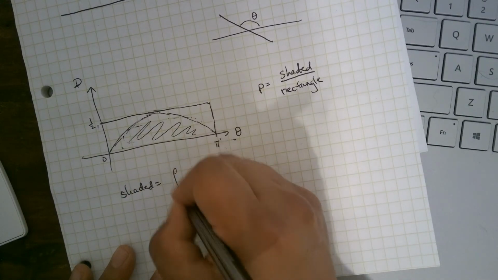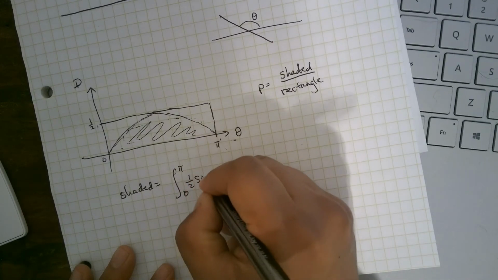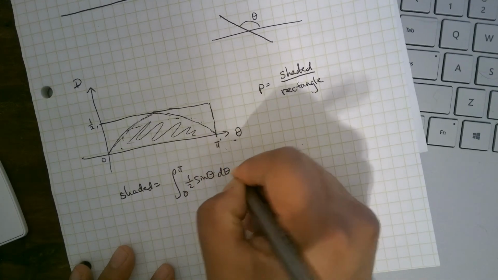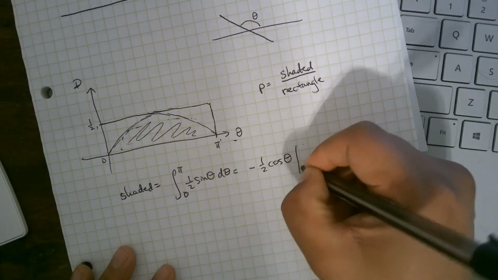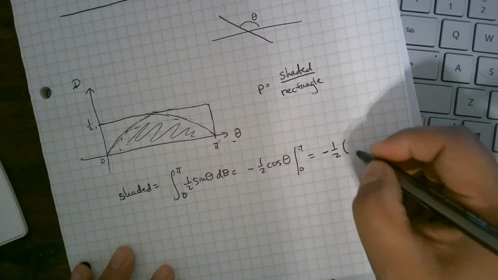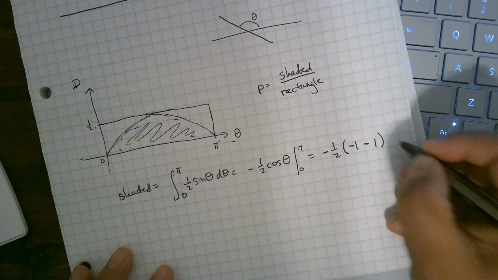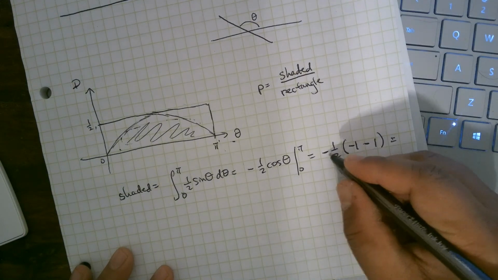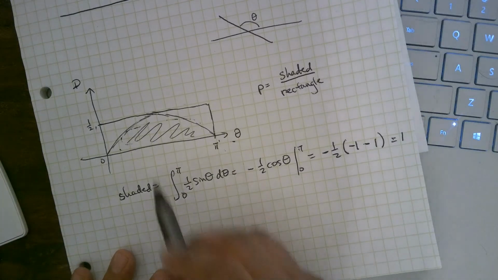We're going to integrate from 0 to pi of 1/2 sine theta d theta. That should be negative 1/2 cosine theta. Theta goes from 0 to pi, so negative 1/2 times cosine of pi, which is negative 1, minus cosine of 0, which is 1, which is a total of negative 1/2 times negative 2, which is positive 1. Okay, the area of the shaded region is 1.